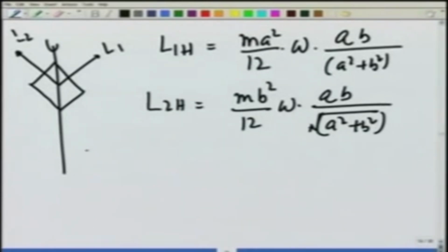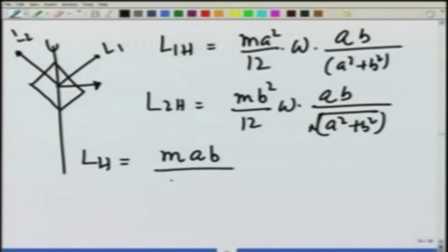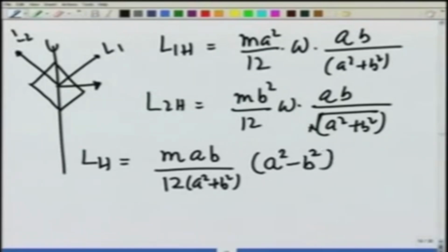And therefore, L horizontal going to the right is equal to m a b over 12 a square plus b square times a square minus b square.